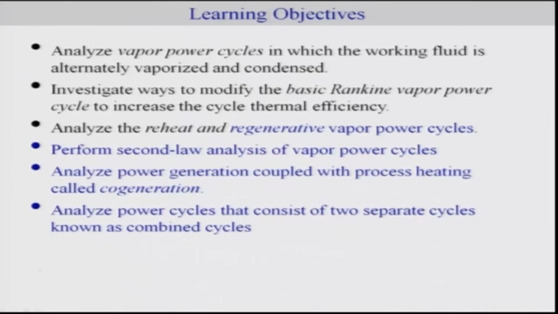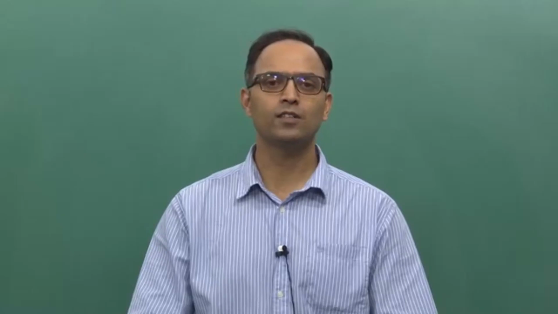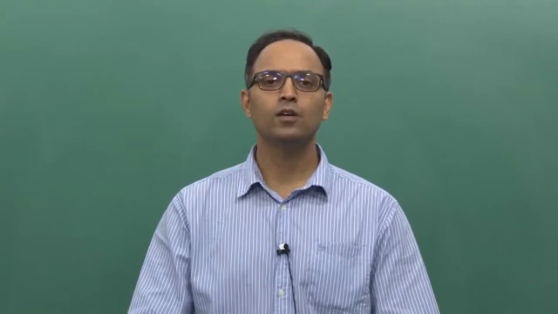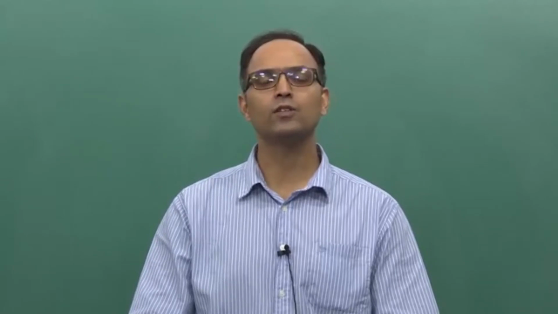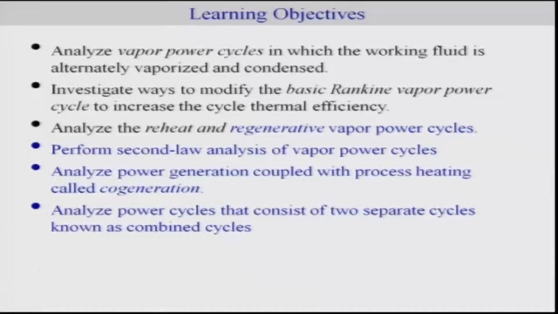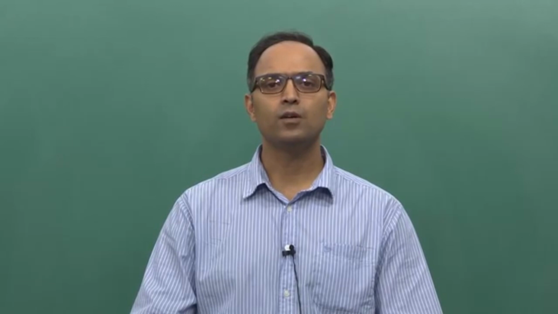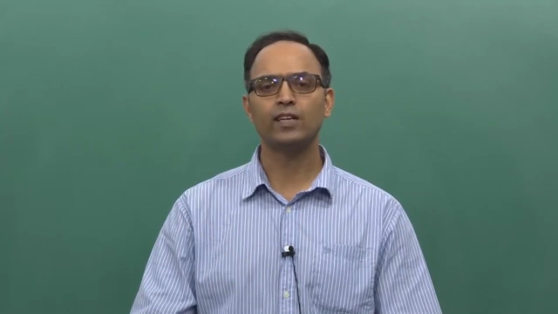Okay, welcome back. In the last lecture, we started a new topic on vapor power cycles, and we realized that the Carnot cycle is not efficient if you want a working fluid with vaporization and condensation as part of the cycle. Thus, we introduced the basic Rankine cycle.